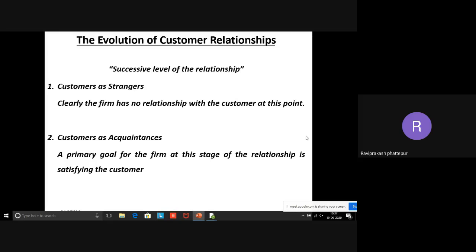When the customers are in the stage of acquaintances, the primary goal of the firm at that particular stage would be satisfying the customer, or keeping the customer satisfied. In the acquaintances stage, firms are generally concerned about providing a value proposition to customers comparable with that of competitors.